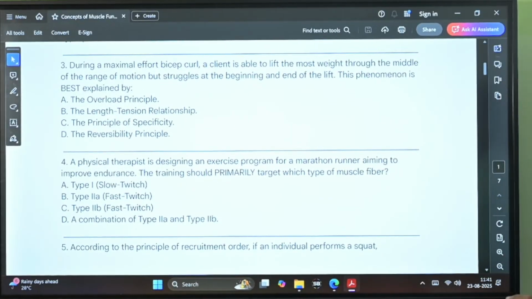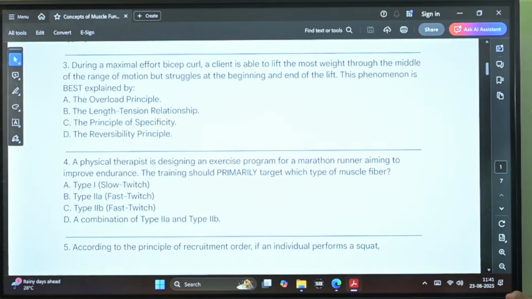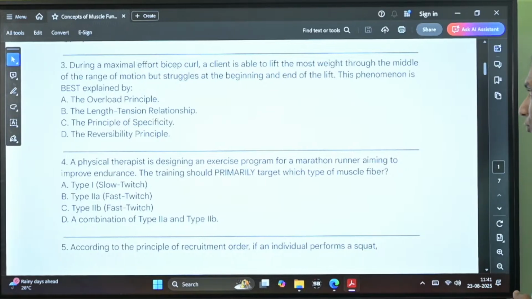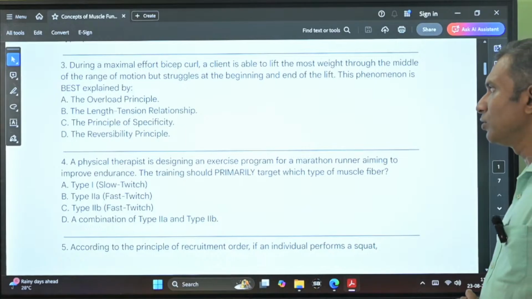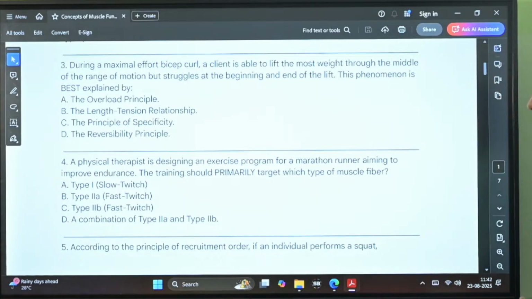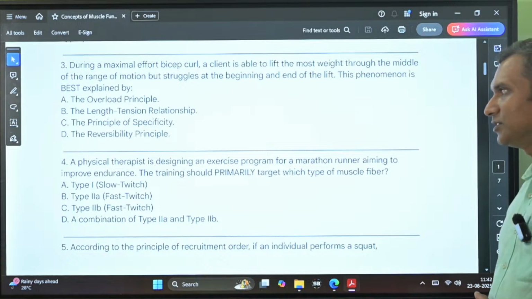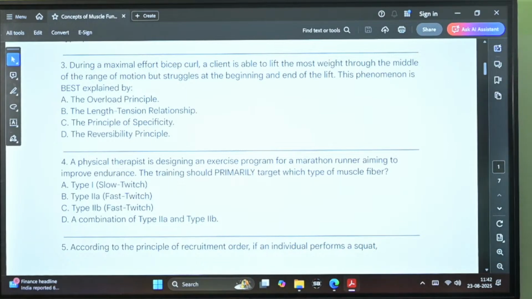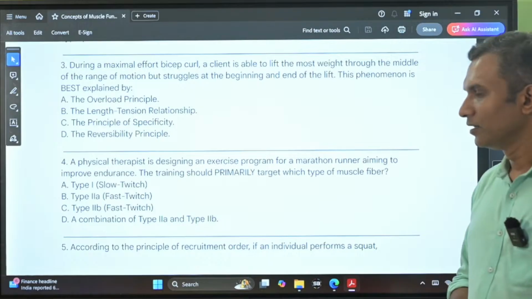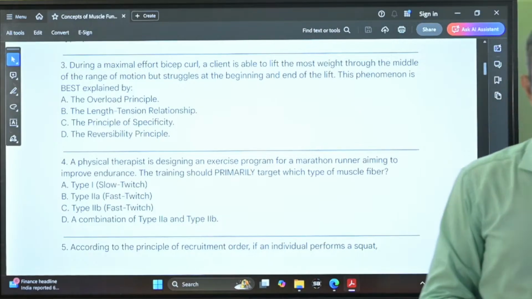During a maximum effort bicep curl, a client is able to lift the most weight through the middle of the range of motion, but struggles at the beginning and end of the lift. The phenomenon is best explained by option A, the overload principle, option B, the length tension relationship, C, the principle of specificity, D, reversibility principle.